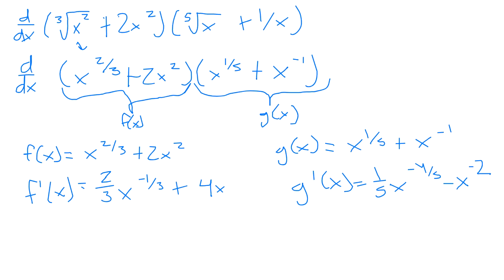So we now have, let's erase this. So once again, we're trying to get this set up to where we have our f times g prime plus g times f prime. So now let's set that up.